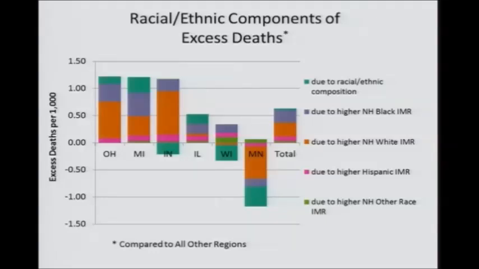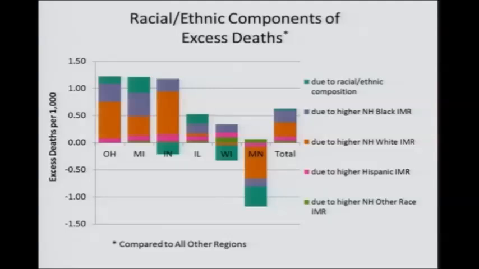So every state was affected by that except for Minnesota, which actually had lower infant mortality rates compared to all other regions. So combining those two factors, the teal and the blue, is really a combination of disparity.